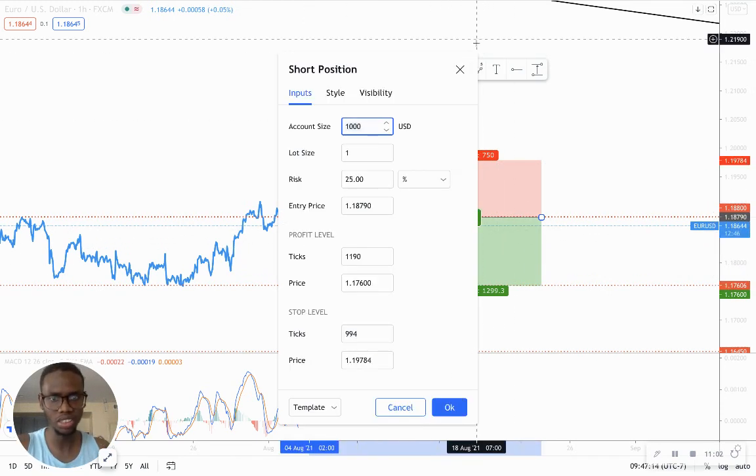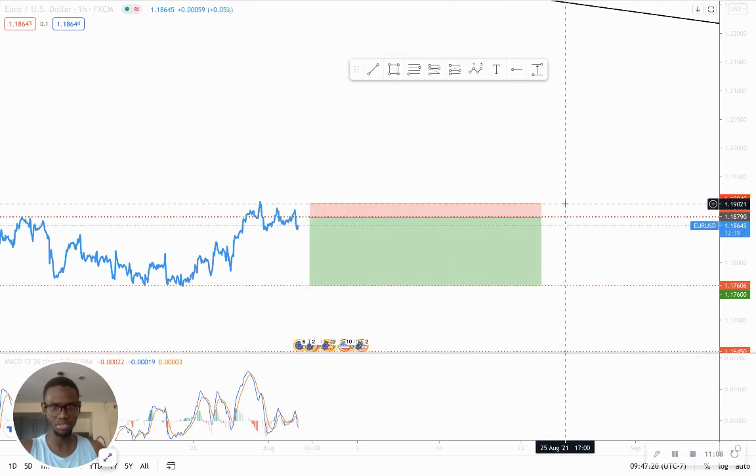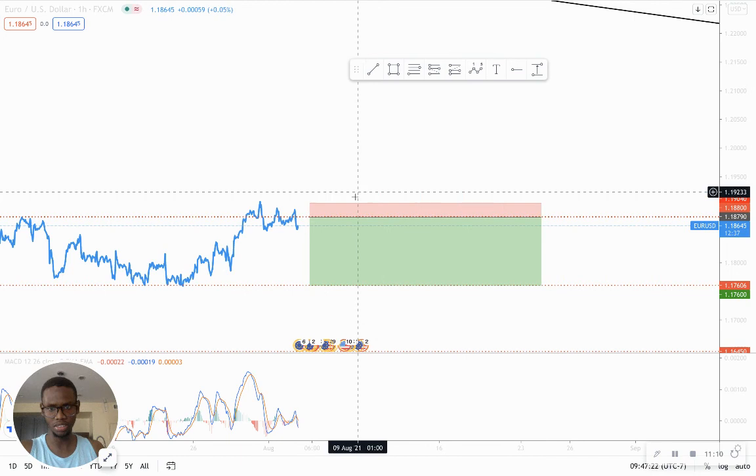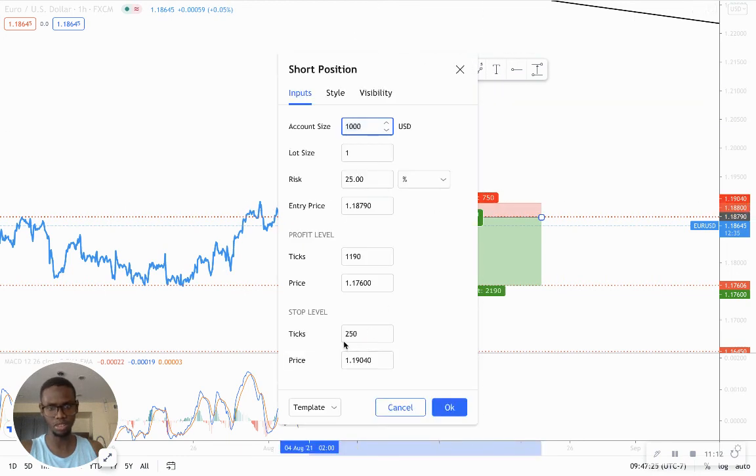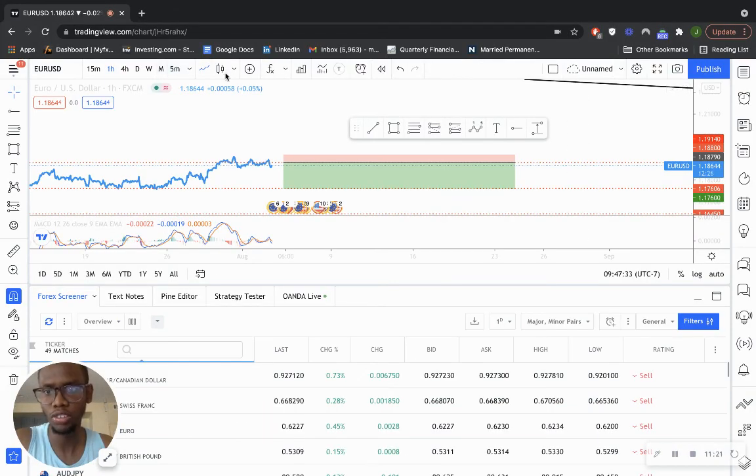And for my risk, I'm looking at maybe giving up 25 pips, but 25 pips is still in here, so I'll go to the next level, which is 35 pips.